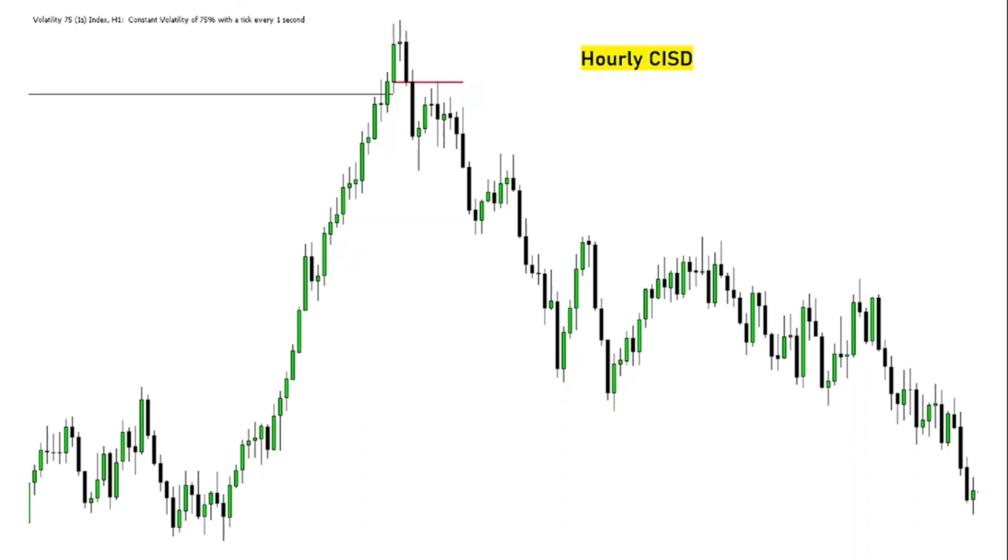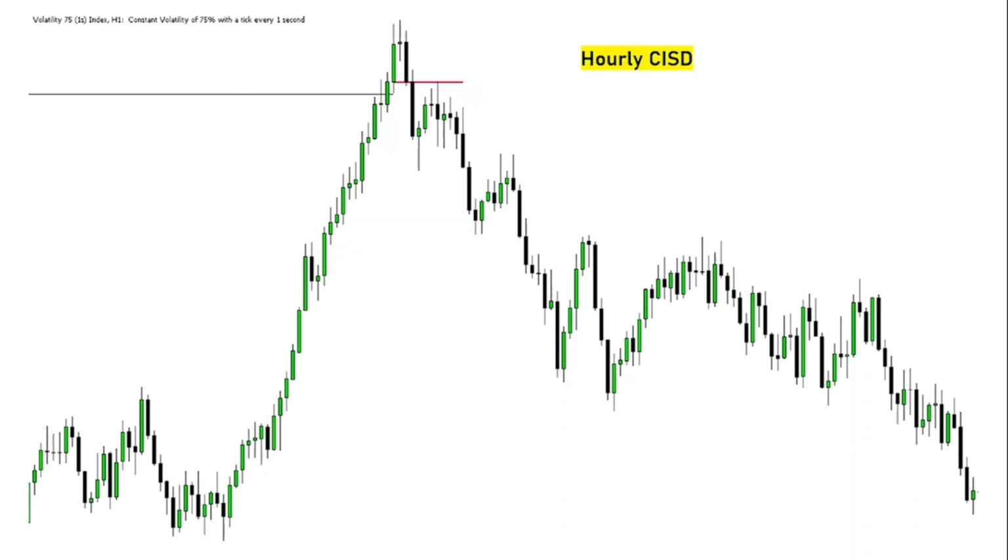Now, to close this off, I have to reiterate that the change in state of delivery is a reversal concept, right? We use it primarily for the confirmation of a shift in price delivery.